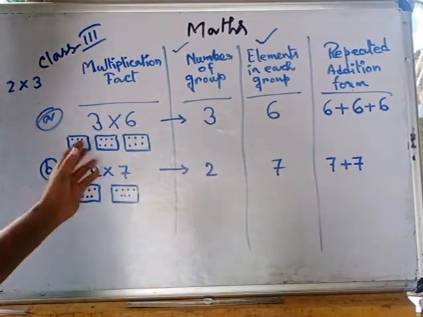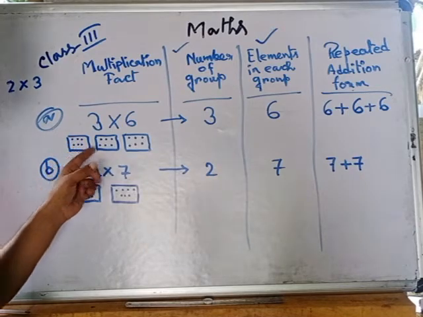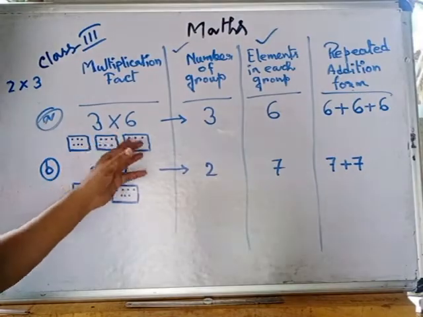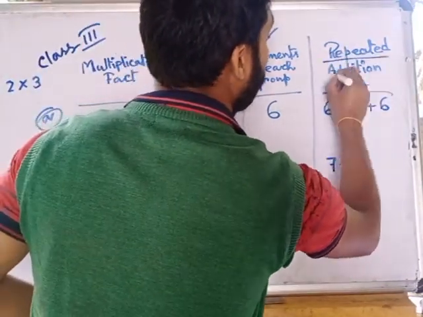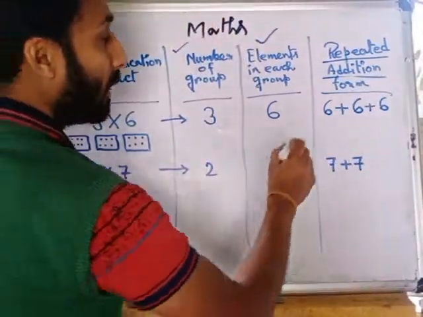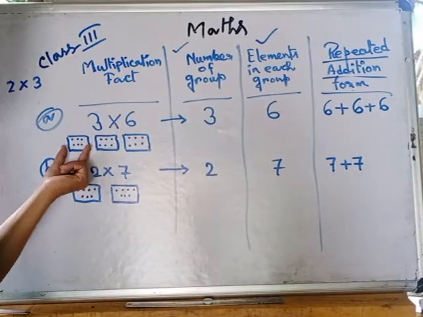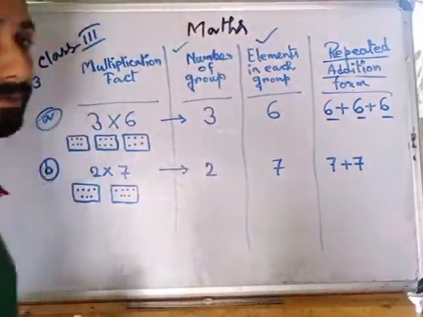Each and every group has its own 6 elements, so we should write here 6. 6 elements, how many times? 3 times. So we should write here repeated addition form. That means 6 repeatedly added 3 times.